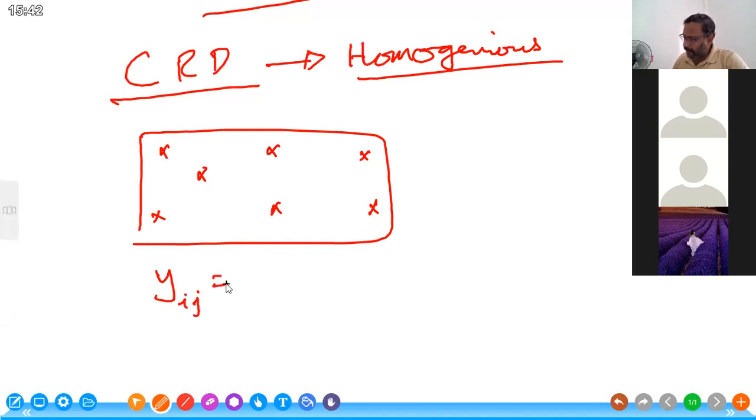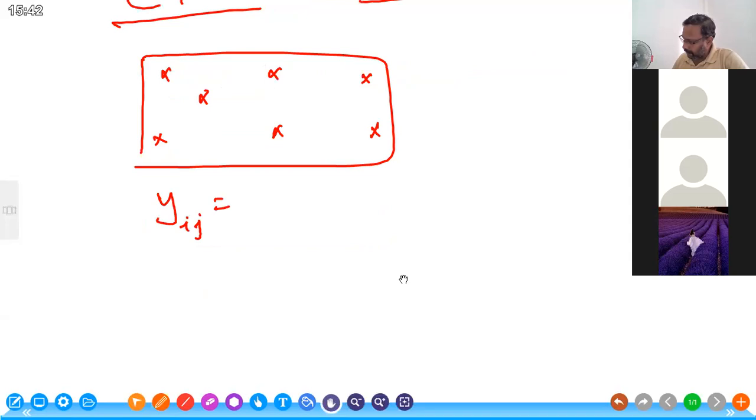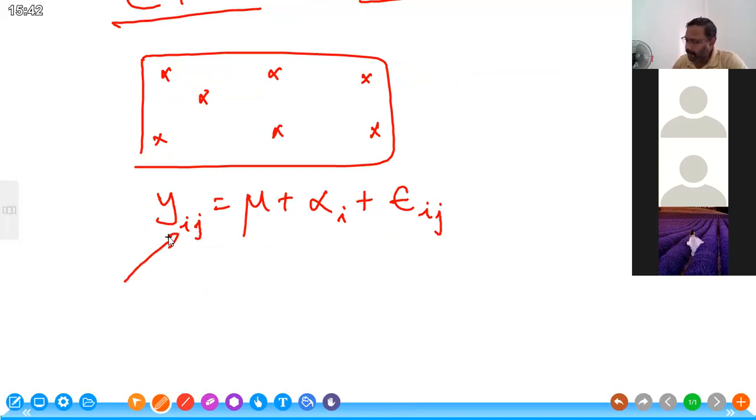So you have already learned this, I am just recalling. What are these? Don't worry about the different notations. So you might have seen a notation like this. What do you call this? Observed value, right? This is called the model of CRD.